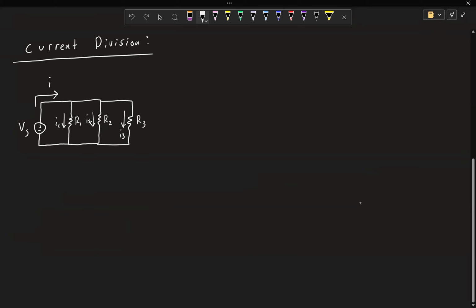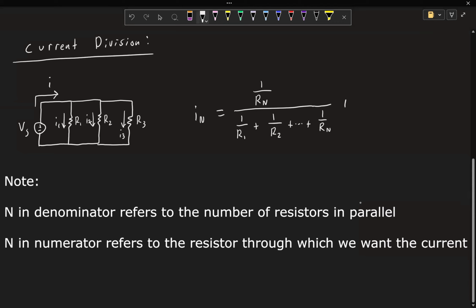The general formula for current division says the current through any resistor N equals 1 over the resistance at that resistor, divided by the sum of 1 over all the resistors that are in parallel, times the current.